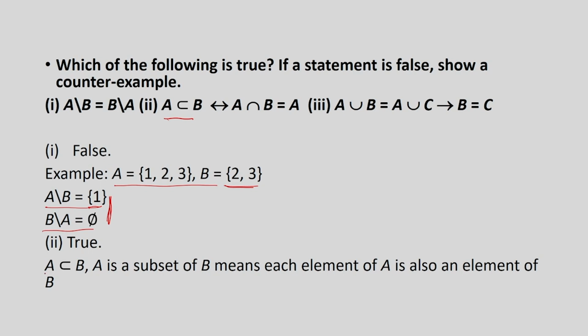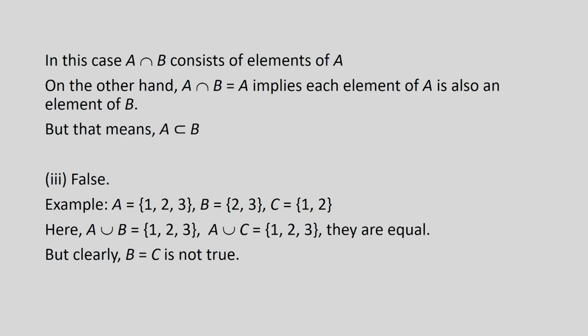Now, when we say that A is a subset of B, it means that each element of A is also an element of B, right? That is the definition of a subset. In this case, A intersection B consists of elements of A, right.